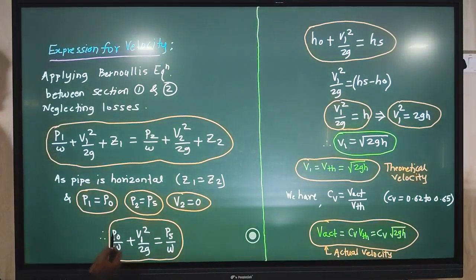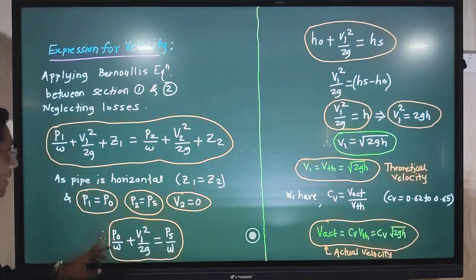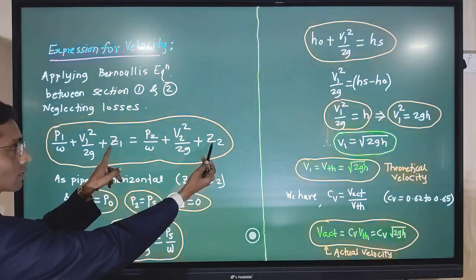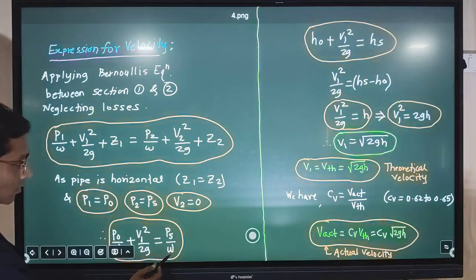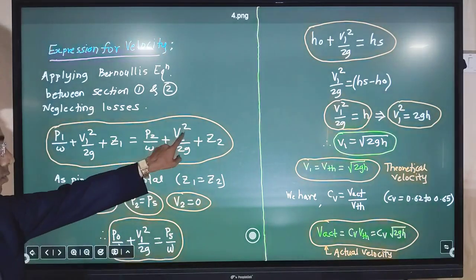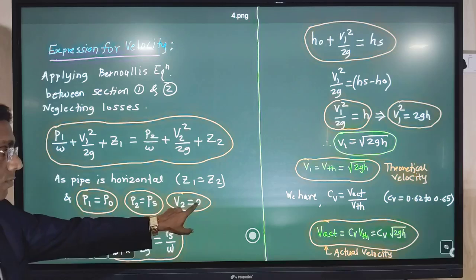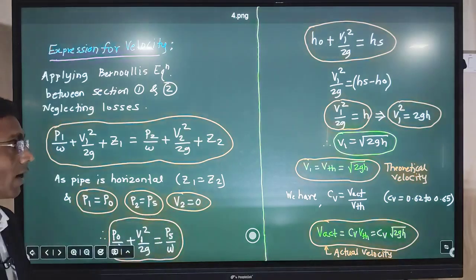P1 by W becomes PO by W. V1 square by 2G as it is. Z1, Z2 terms are omitted. P2 by W becomes PS by W. And V2 square by 2G, because of this 0, vanishes.